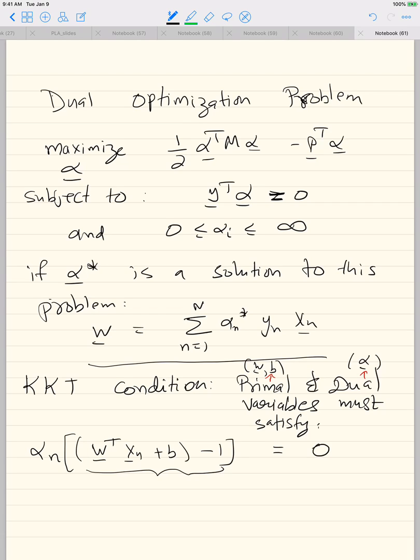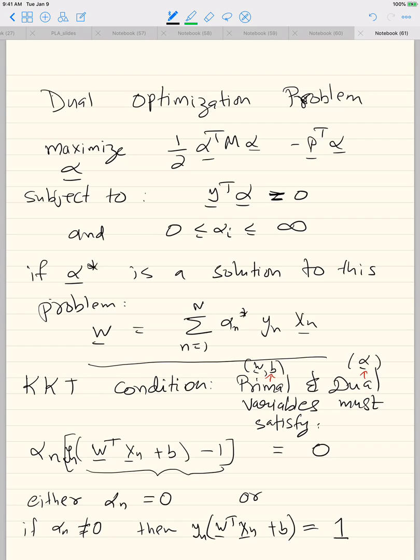And what this is saying is that either alpha n is 0, or if alpha n is not equal to 0, then we must have that yn times w transpose xn plus b must equal 1. There's a yn I was missing here.